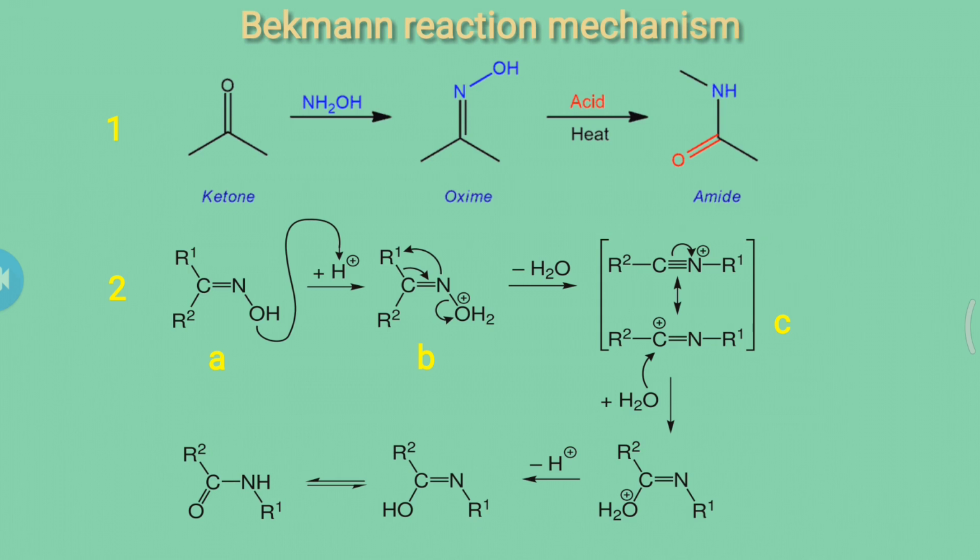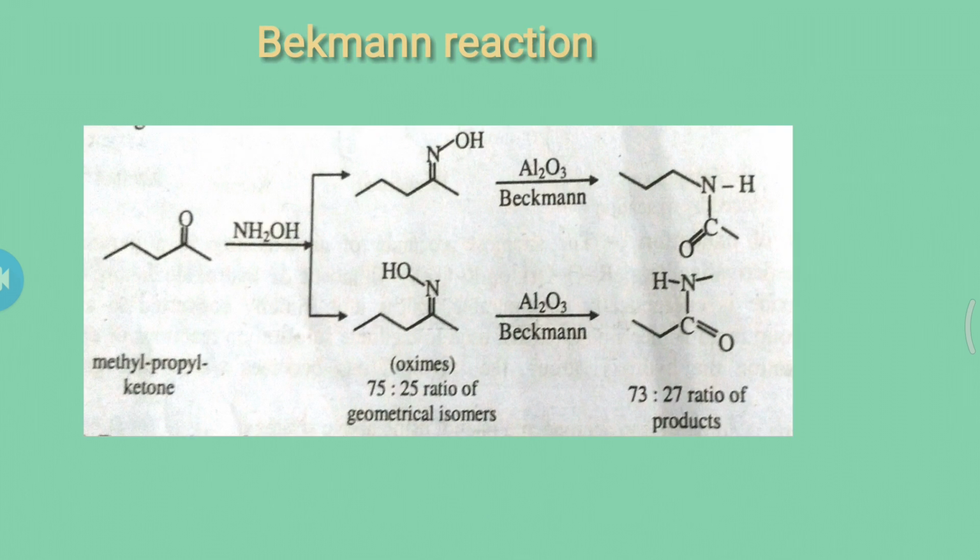This is the rearrangement reaction, a 1,2 shift. The R group opposite to the leaving group migrates, depending on migratory aptitude, to form intermediate C, which then rearranges to give the amide.